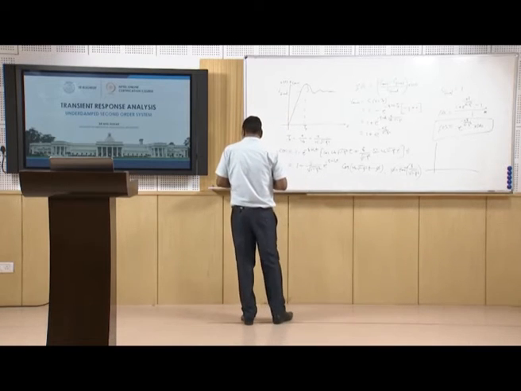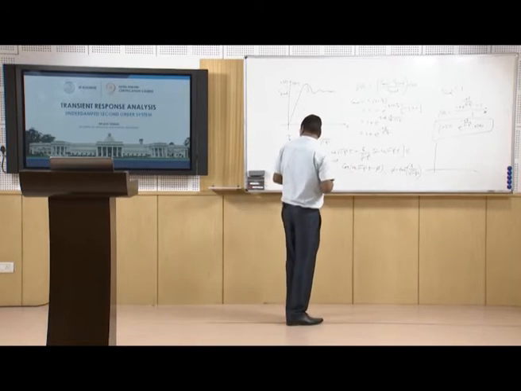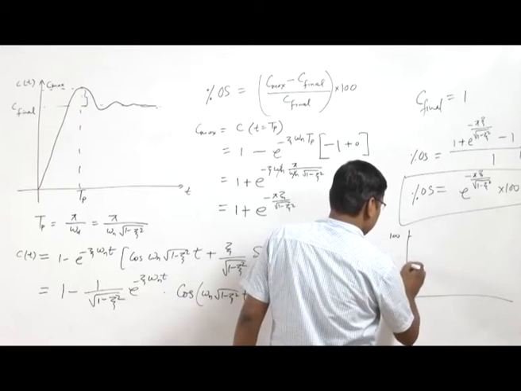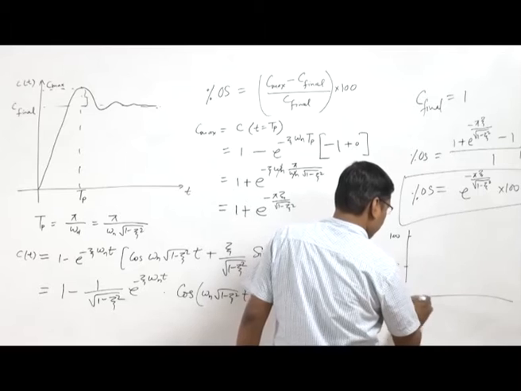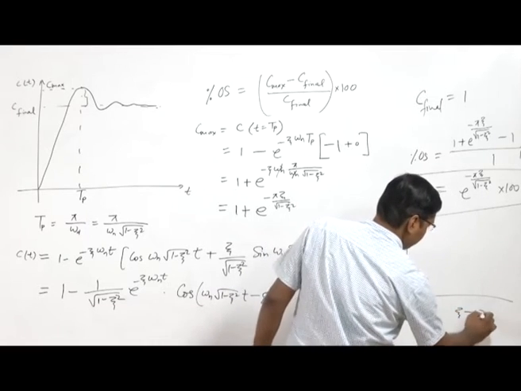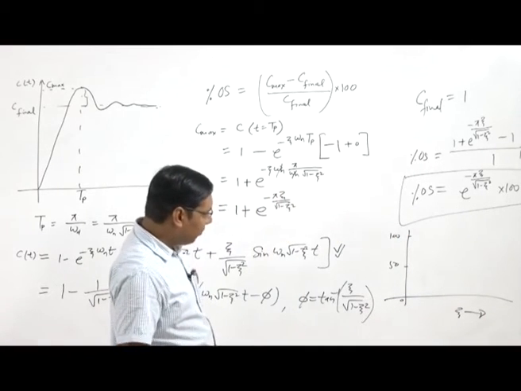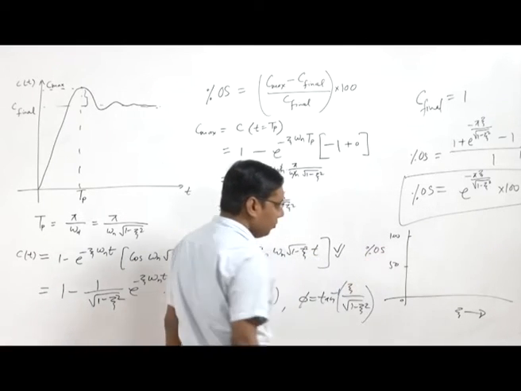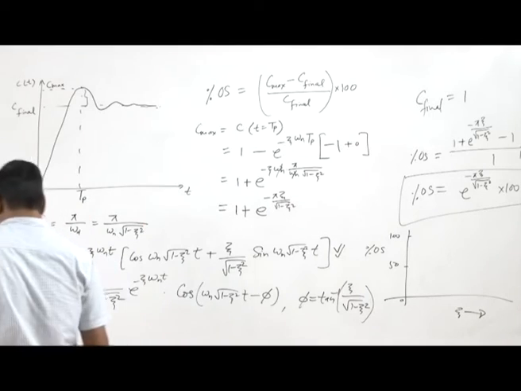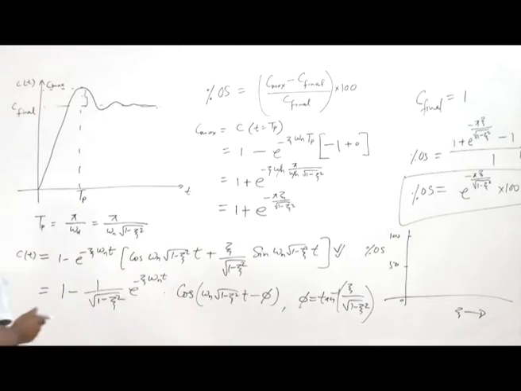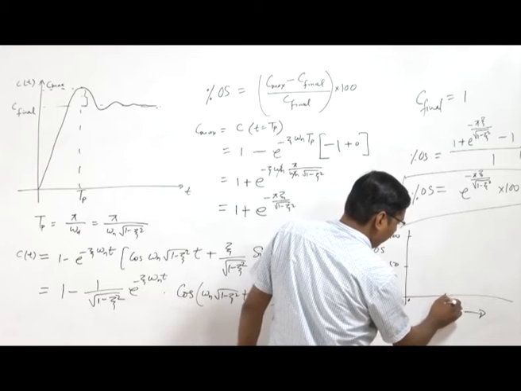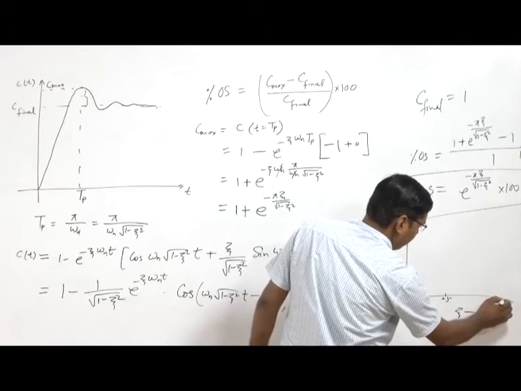So here, let's say this is 100, this is 50, this is 0, and this axis is damping, and this is percent overshoot, and damping is varying from 0, let's say 0.5, 0.9, something.